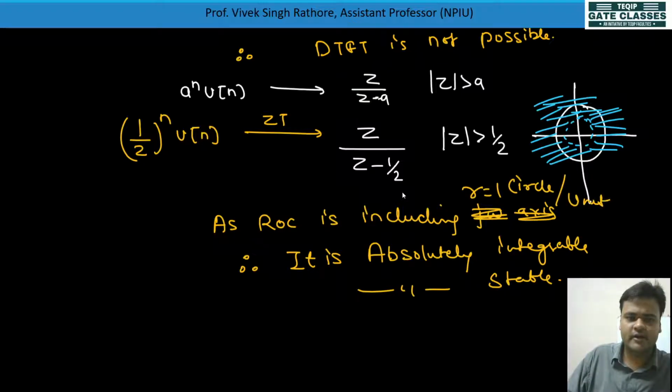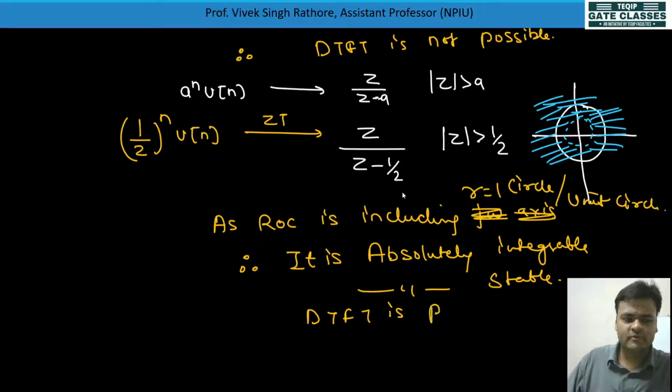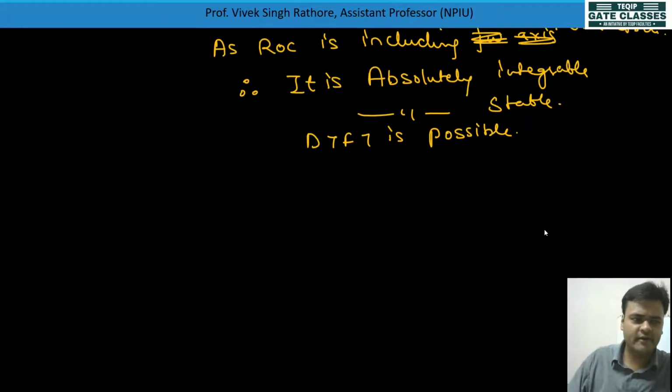The ROC is including the r equal to 1 circle, or unit circle. It is absolutely integrable, it is absolutely stable, and DTFT is possible. We can take DTFT whenever the unit circle is included in the ROC. And how can we take DTFT? Just by putting z equal to e to the power j omega.